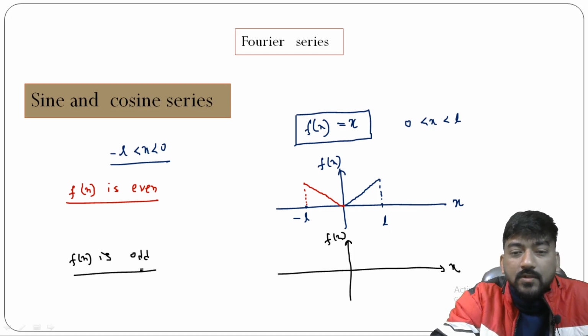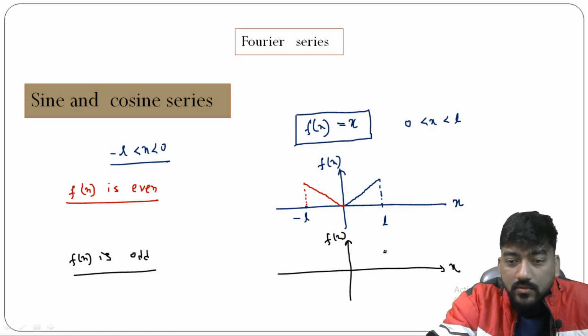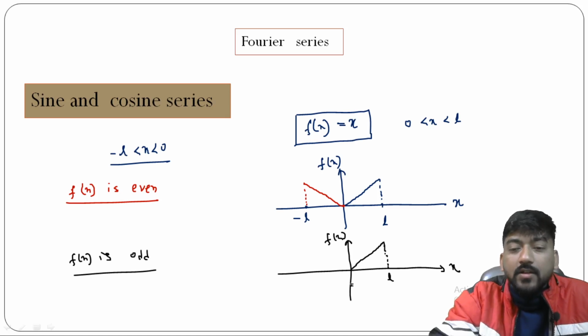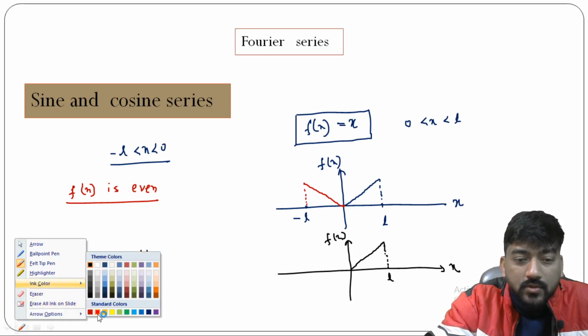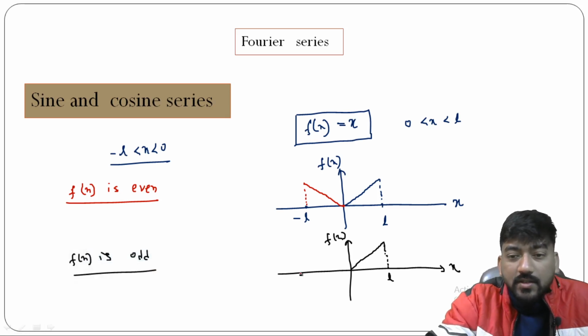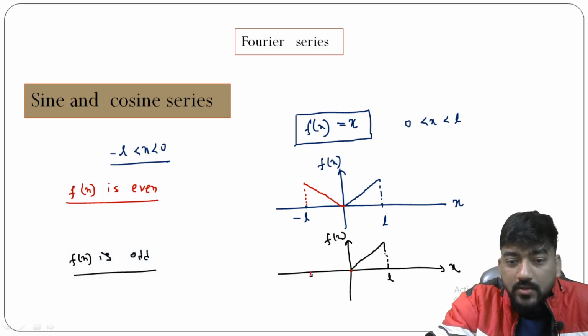So this plot will always be the same. This is given. Now we have to convert it into an odd function, so we have to sketch the graph in such a way that it is symmetric about the origin. So if this is minus L, then the plot will be something like this.